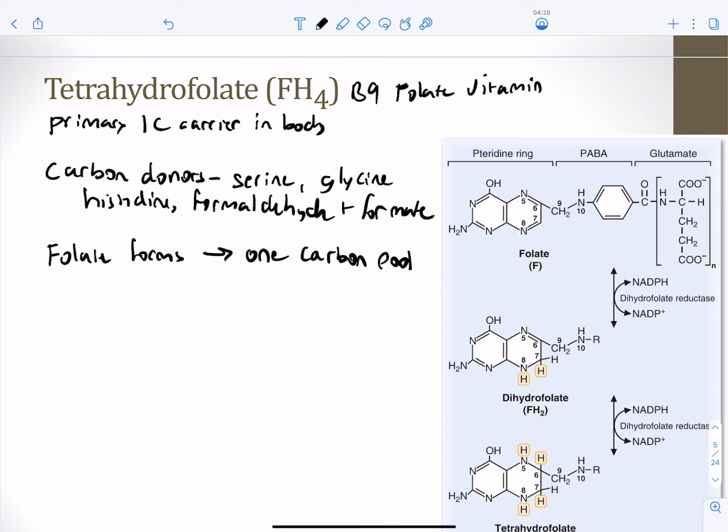Once the carbon has been reduced to methyl tetrahydrofolate, it cannot be reoxidized. So methyl tetrahydrofolate tends to accumulate inside of cells.